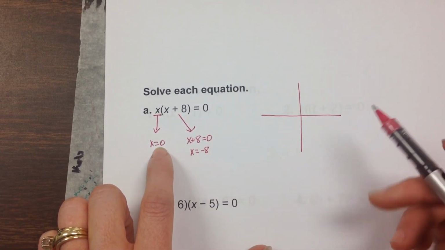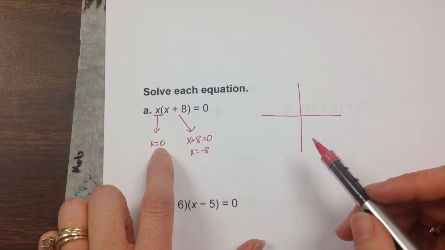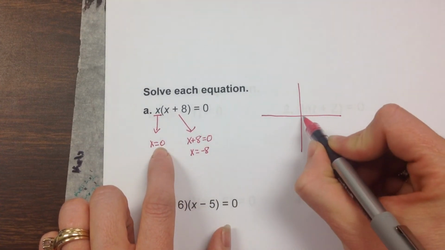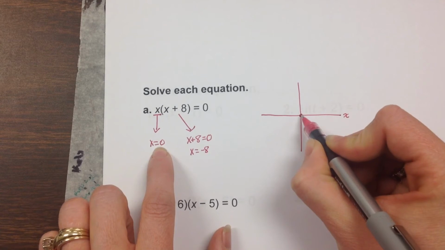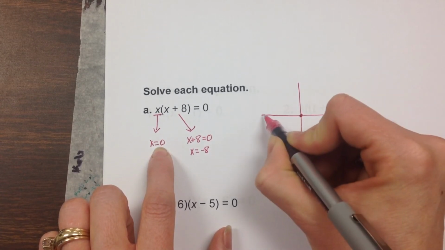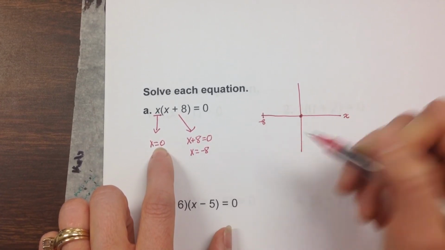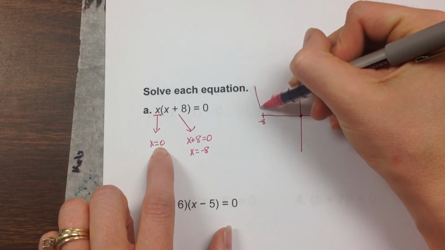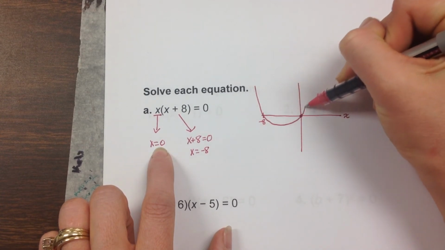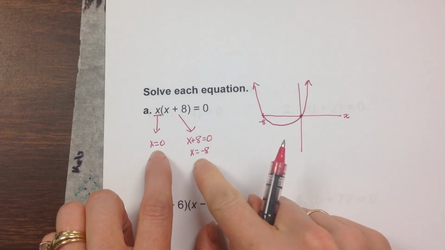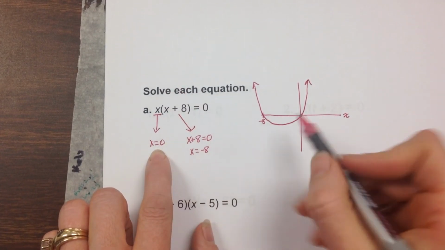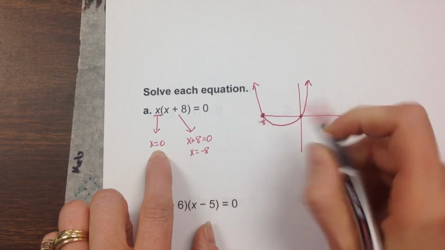The parabola looks kind of like a U, which means that it crosses through the x-axis at 0. So here's the x-axis, it crosses at 0, and over here at -8. So the graph of this would look like that. So these two numbers that we're finding when we're solving the equation are actually these points right here.